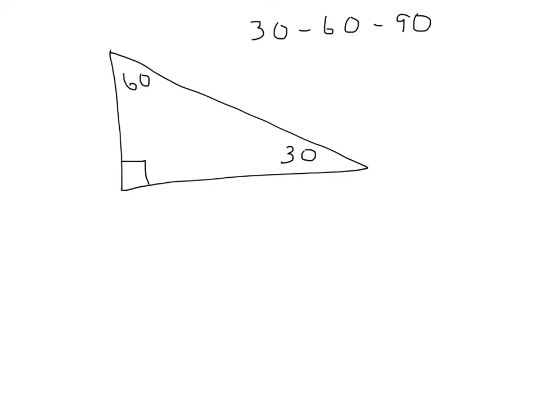Again, hopefully you learned these ratios: the relationship between the shortest side of the triangle, the side opposite the 30-degree angle, compared to the longest side, the hypotenuse, is in a 1:2 ratio. So no matter what this length is, this is always twice as big. If the short side is 4, then the hypotenuse would be 8, etc. So this is in a 1:2 ratio.